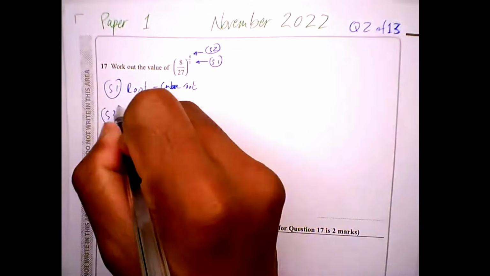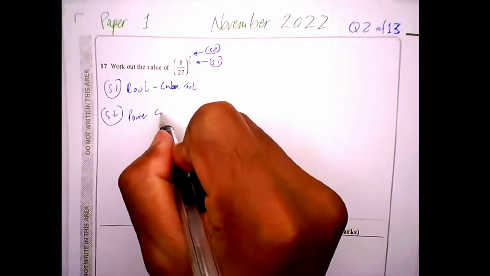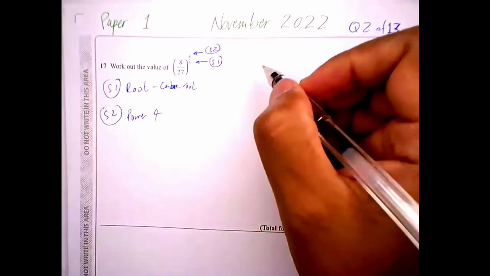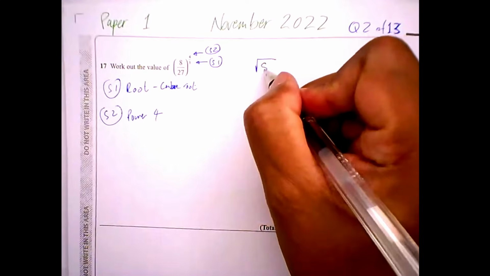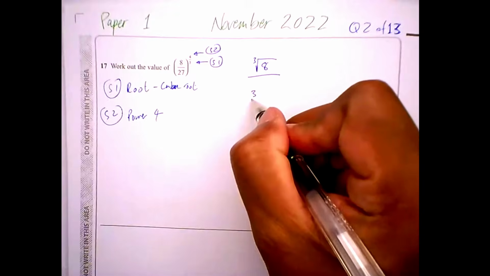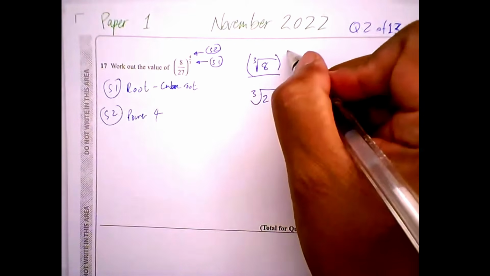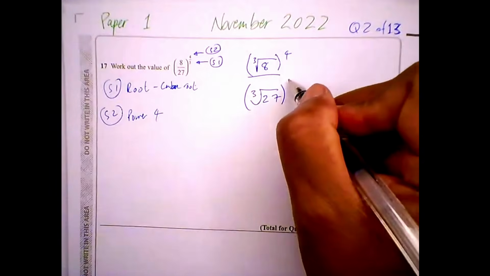And step 2 is I raise it to the power of 4. So I'm going to do the cube root of 8 over the cube root of 27, and step 2 is I raise this to the power 4.